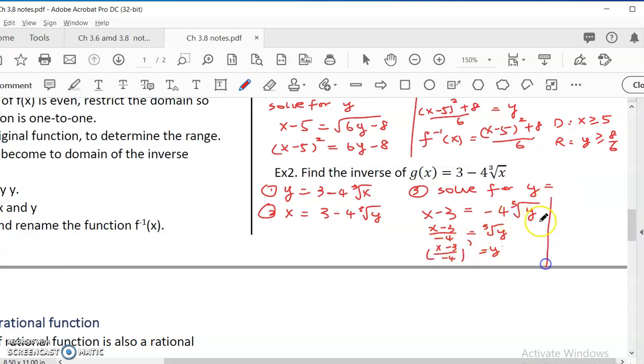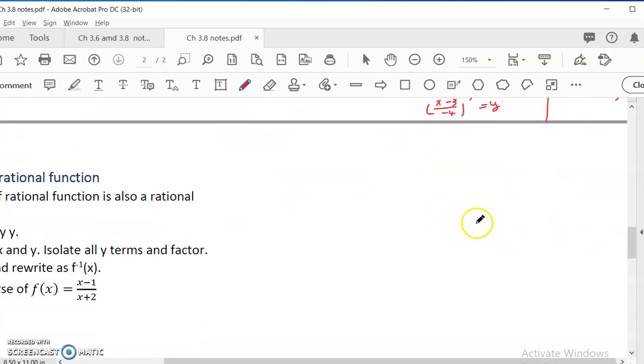Right? So that is it. So I would say f inverse of x of this function is x minus 3 over negative 4, the whole thing cubed, not just the top. And the range is all real numbers.